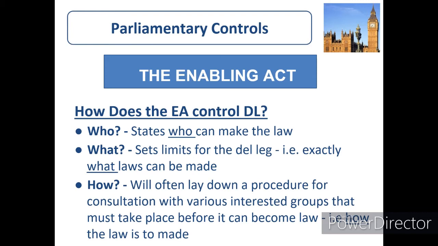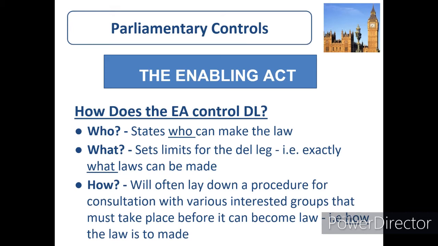What can the Minister of Education or whoever's been given the power do? So in other words, it says exactly what laws can be made. And in the example that we've used of the Education Reform Act 1988, it stated that the Education Minister could make the content of the national curriculum for each year.